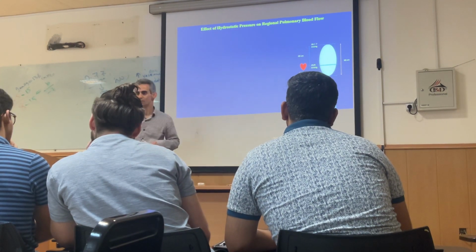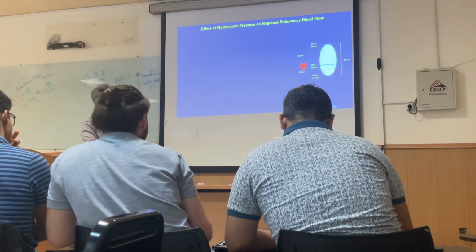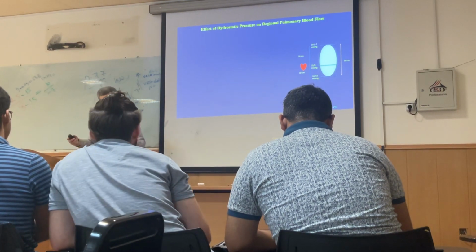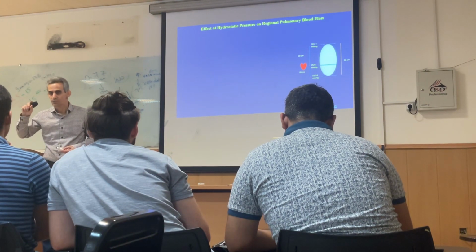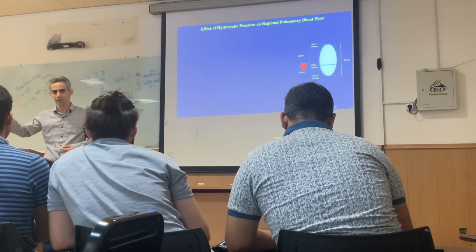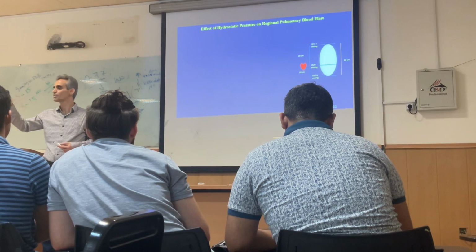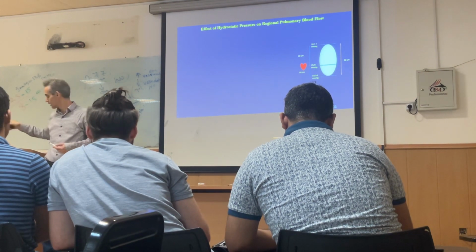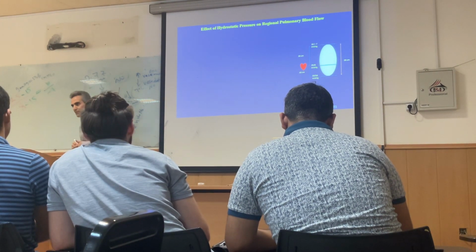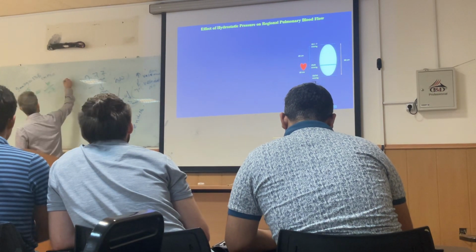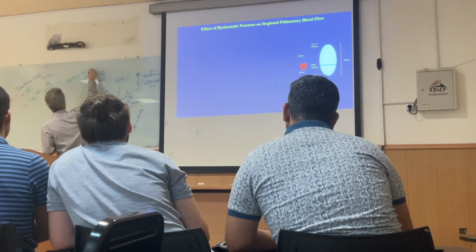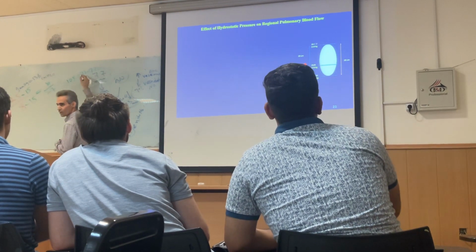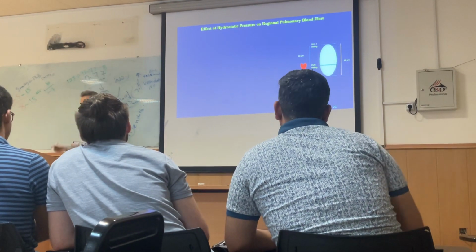At the bottom, what is the distance between the bottom and the level of the heart? 10 centimeters. For each centimeter, how much? 0.77. 10 multiplied by 0.77 is 7.7, which is about 8.